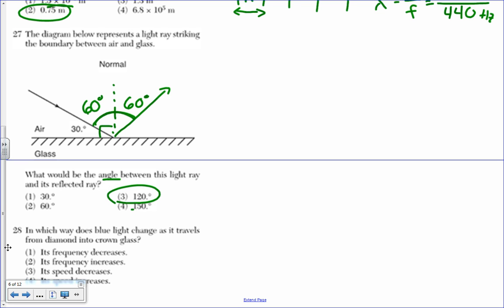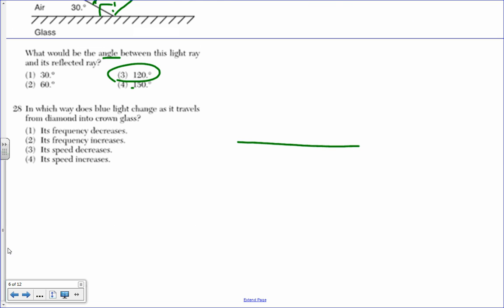In which way does blue light change as it travels from diamond to crown glass? Well, if it's going from diamond, high index of refraction, into crown glass that's got a low index of refraction, then first of all, looking at the wave equation, we know that the frequency does not change as it goes from one index of refraction to another. So 1 and 2 can't be equals.